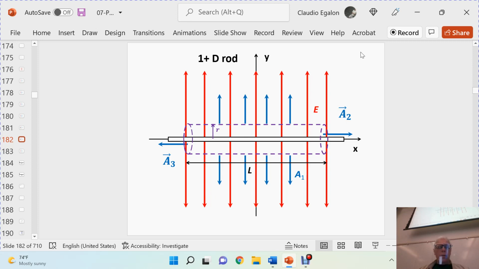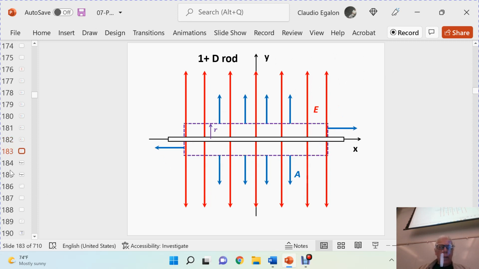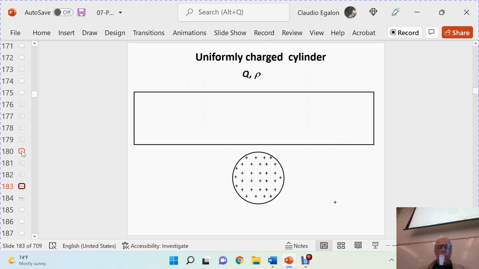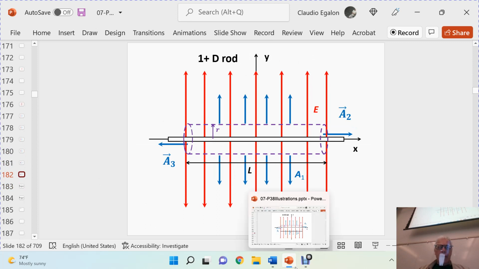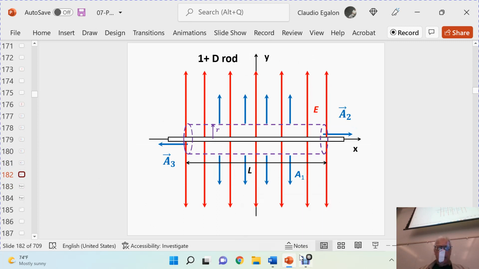Are you getting the picture? And now we are going to break down our integral in terms of those three surfaces. Using this drawing, I'm going to break down my integral into three integrals.